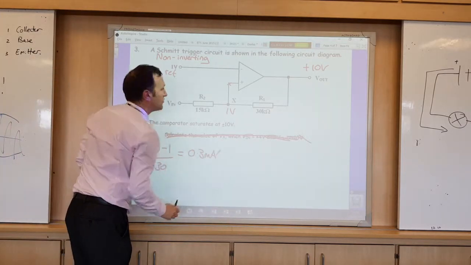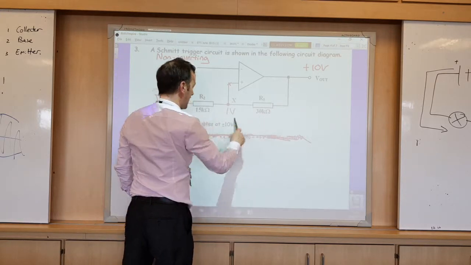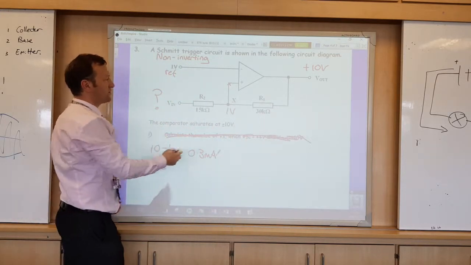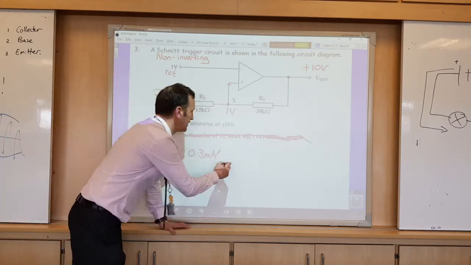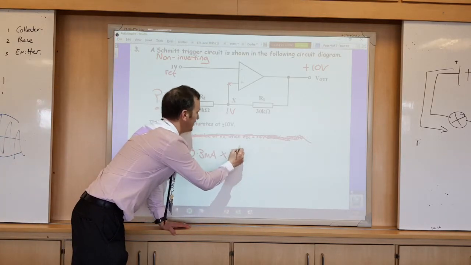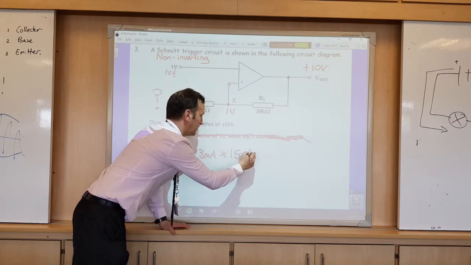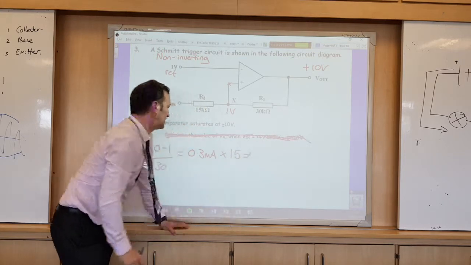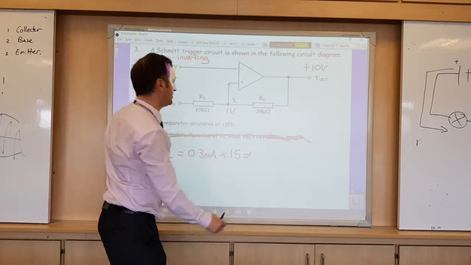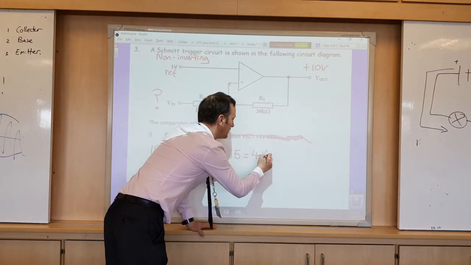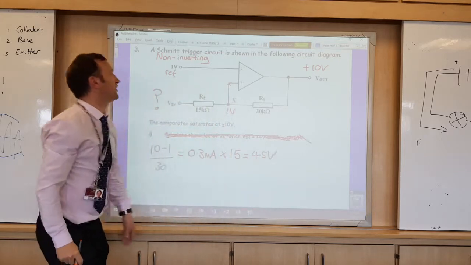We know the current there is 0.3 of a milliamp, so it's 0.3 of a milliamp through that one. So we can do 0.3 multiplied by 15, and we get 4.5 volts. Still not the answer.